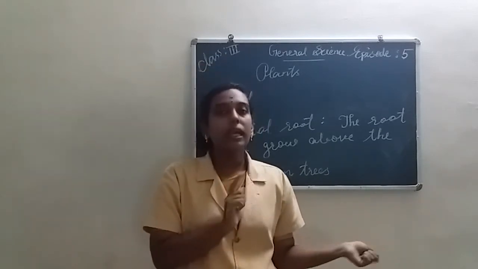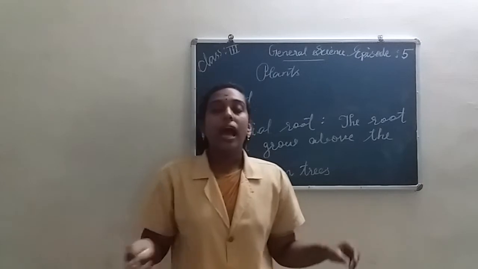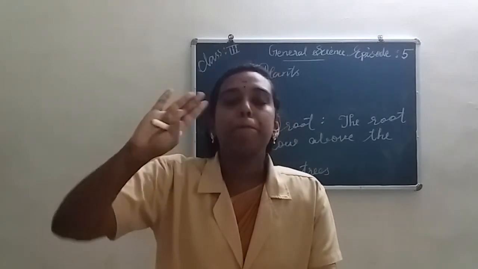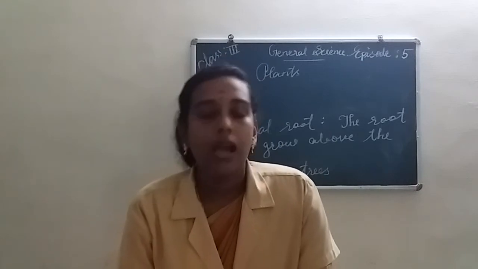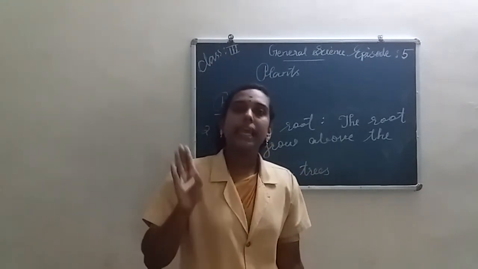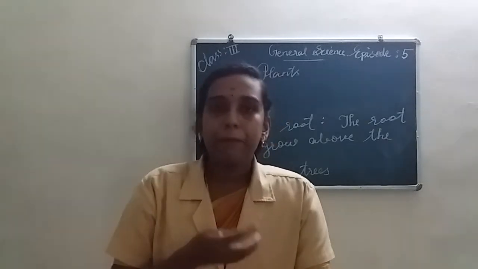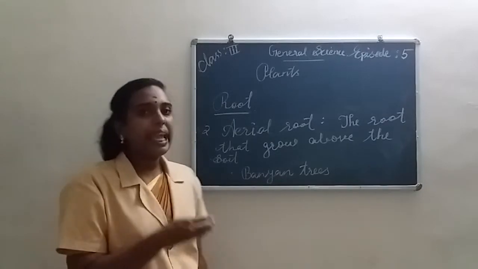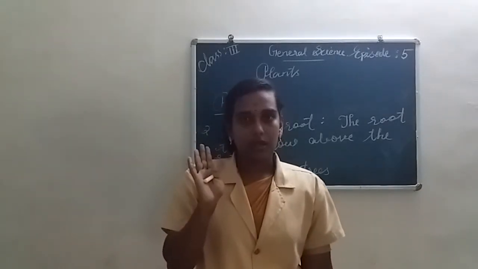In fibrous root, there is no main root, and many small roots come from the base of the stem. Examples of taproots are mustard, beans, etc. And some plants like radish, carrot, etc. store extra food in their taproot.